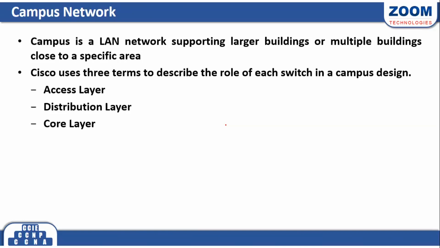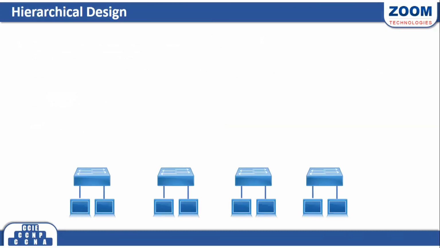That will ultimately require which device? A layer 3 device, the router. But the point here is that all end devices, computers, servers, scanners, printers, CC cameras, are connected to access layer switches.